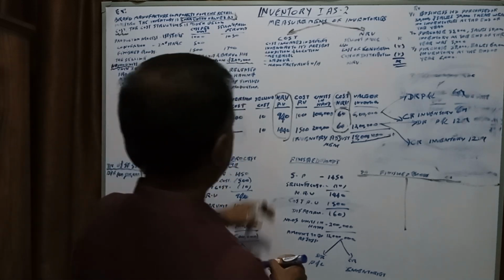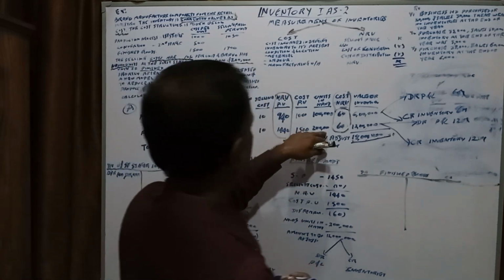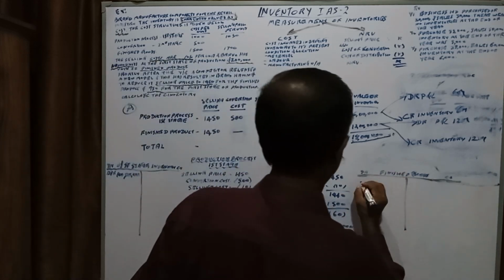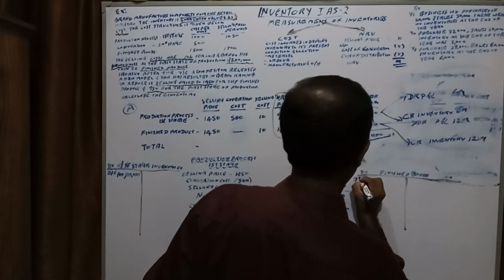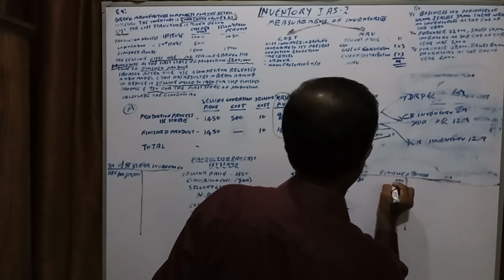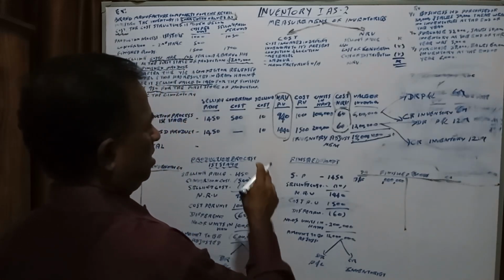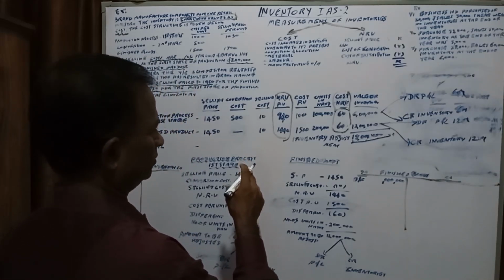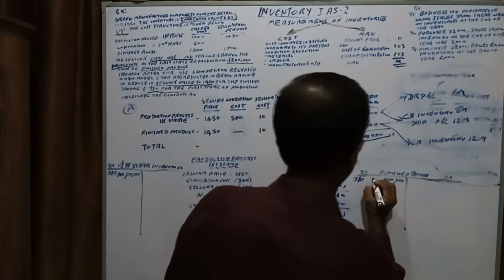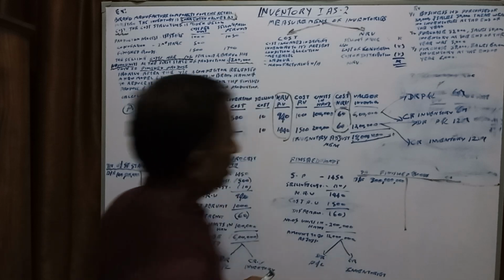Here it has 1500 cost per unit into 200,000 units. So the finished products brought forward balance should be 300 million.